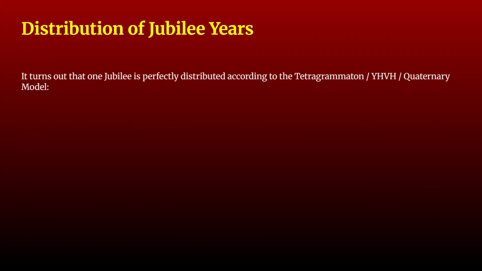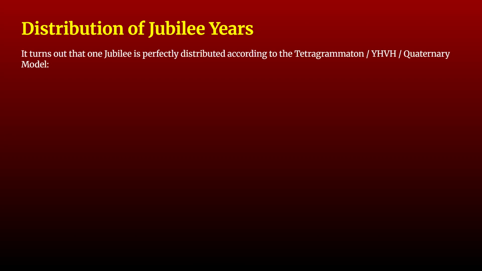Okay, so to wrap this up, I just want to show you how the Jubilee cycle really encodes this. But this is more or less just to elucidate a point. It's not something you really need to worry about or remember. So the Yod years, these are the years of the Jubilee period, or the 49 years that correspond to the active, the Yod.